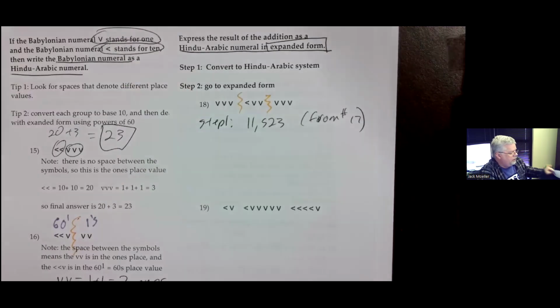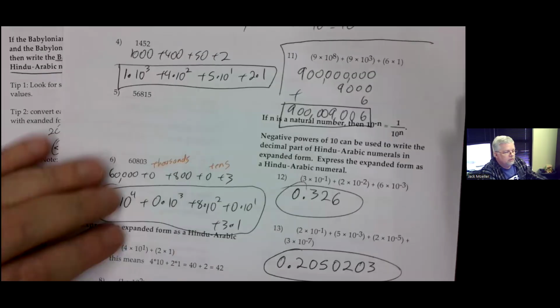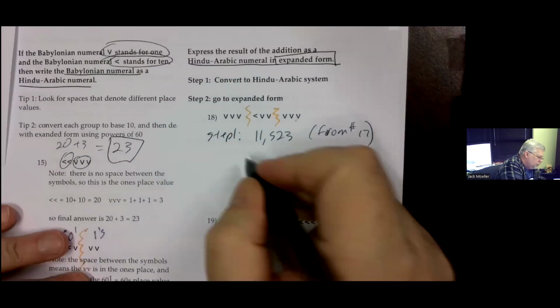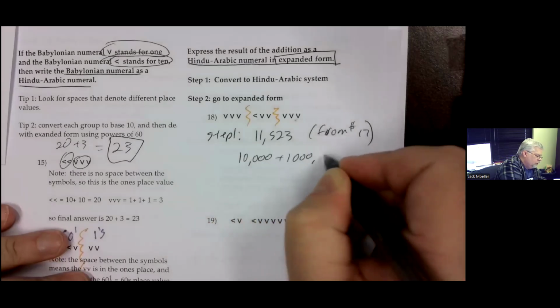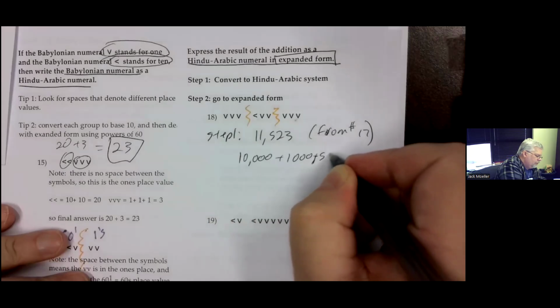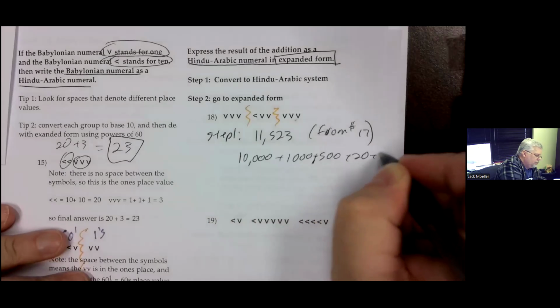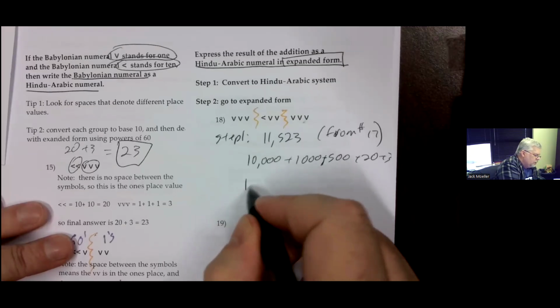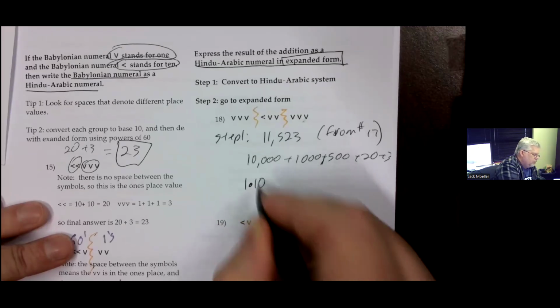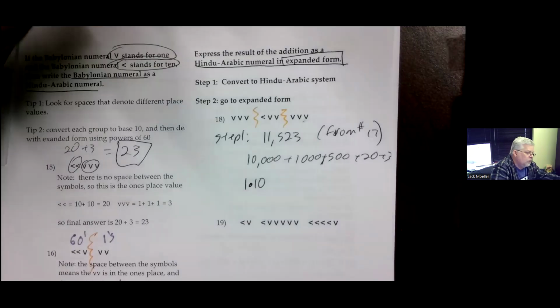Expanded form, now we're back in our base 10 system. So this is 10,000 plus 1,000 plus 500 plus 20 plus 3. So 10,000 is 1 times 10. You can either say 10,000 or what's the exponent?